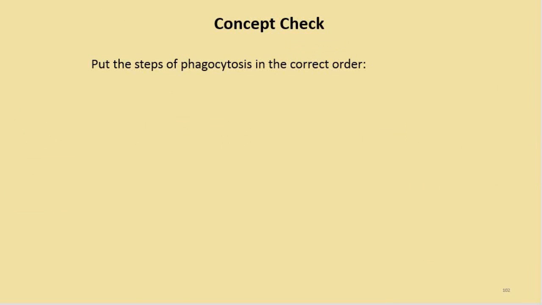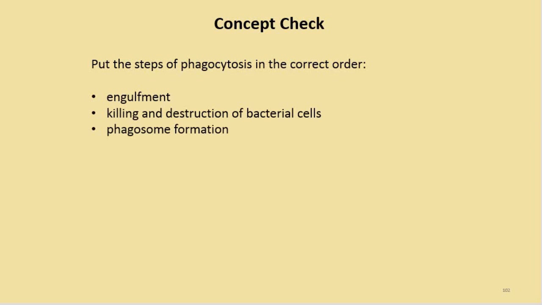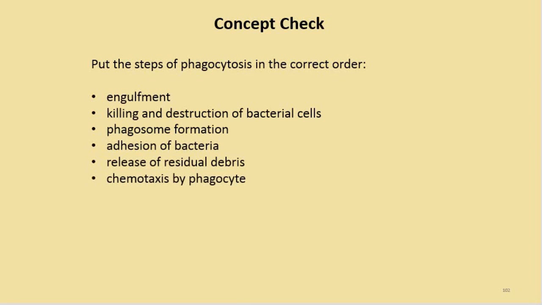Okay, so put the steps of phagocytosis in the correct order. Engulfment, killing and destruction of bacterial cells, phagosome formation, adhesion of bacteria, release of residual debris, chemotaxis by phagocyte, and phagolysosome formation.